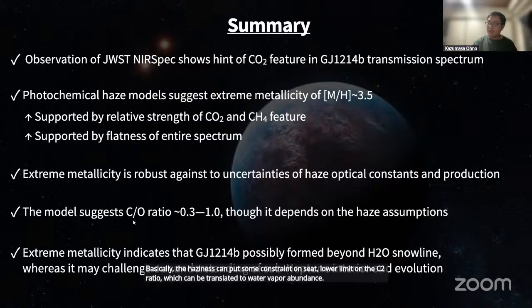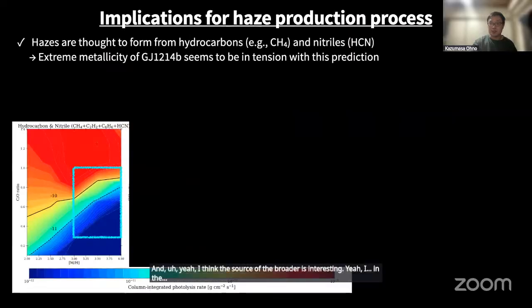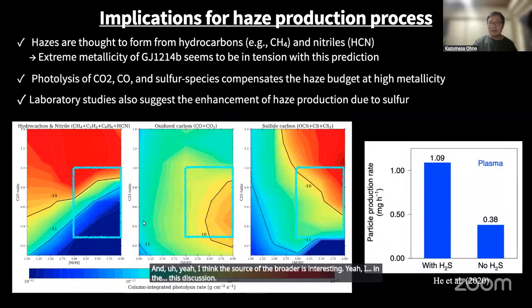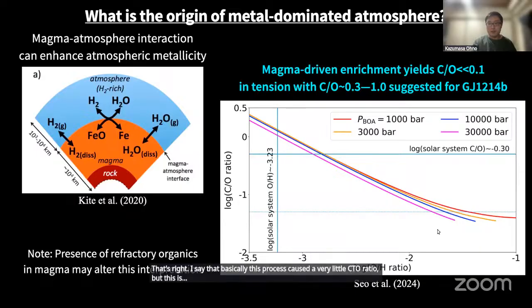And yeah, I think the source of the volatiles is interesting. In this discussion slide, I say that this process causes a very low C/O ratio, but this is true only if there are no carbons delivered to the interior of the planet.